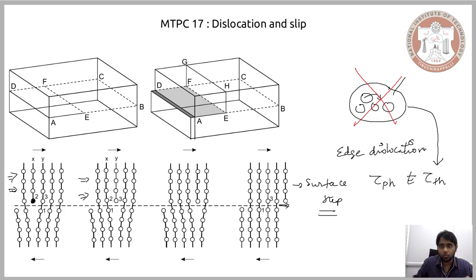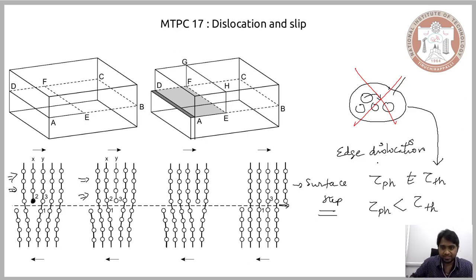And that is the reason why the physically observed stress to introduce plastic deformation is significantly lesser than the theoretical stress that you calculate when you assume that the atoms move from one equilibrium position to another stable position directly during plastic deformation.